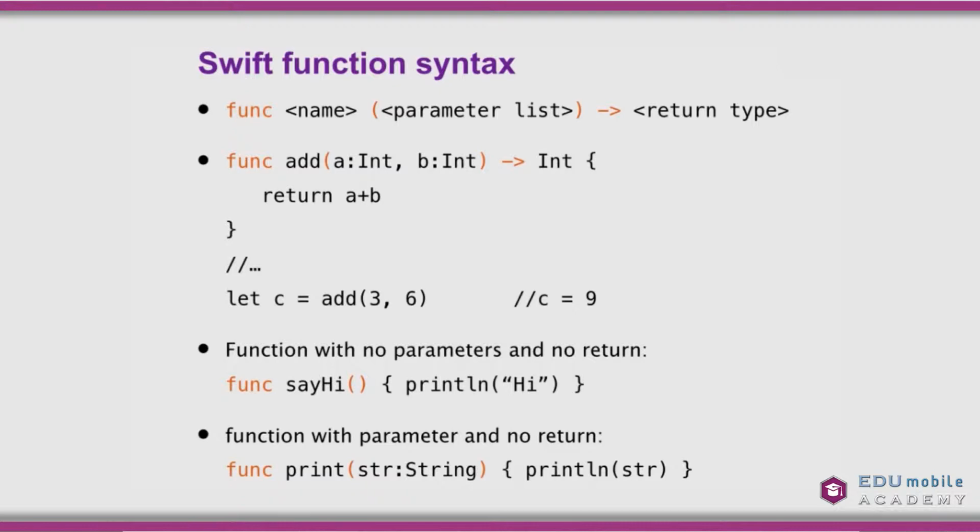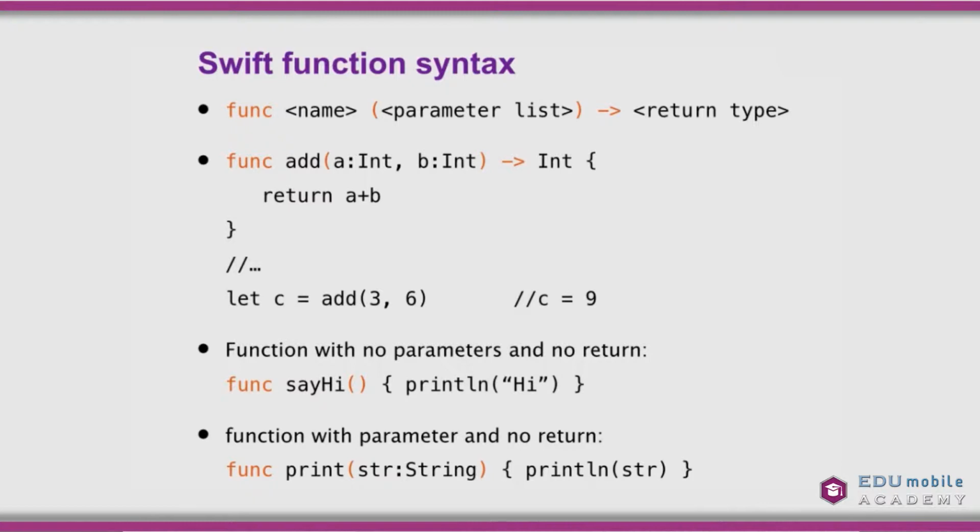So here we have a function add, and it adds two integers, a and b, and it returns an integer. We can see that this syntax says exactly what the function does. If we read it from left to right: func add, taking a and b, both Ints, returning an Int.